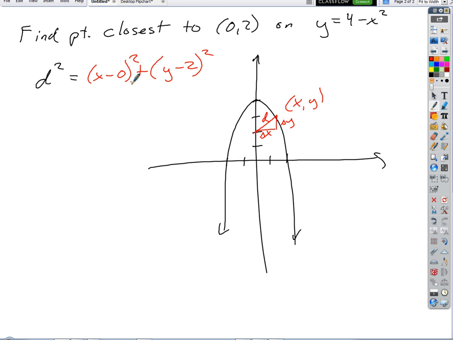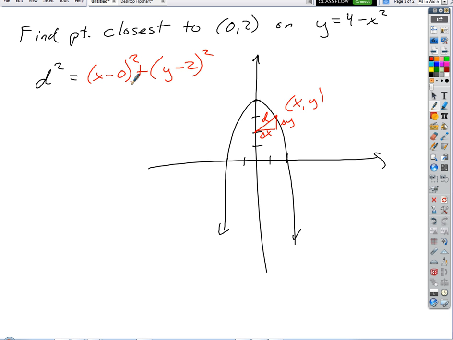Isn't the square of distance a much easier function to deal with than distance itself? Because distance is going to involve a radical, and that makes the calculus harder. So we want to be smart about this. We could actually find the distance if we wanted to, but let's do the calculus for a problem that gives us the same answer but is easier to deal with, right?